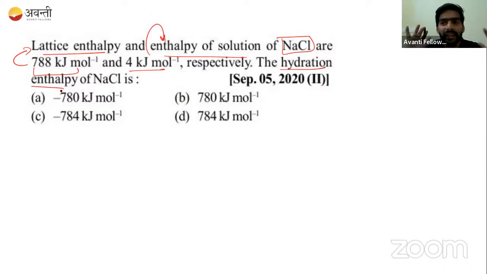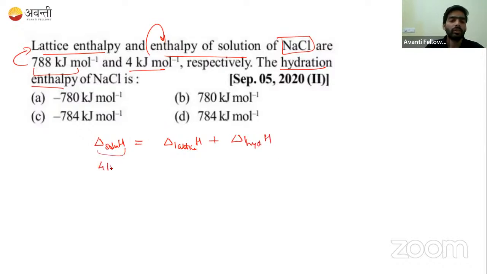In your textbook, it has been clearly mentioned that the enthalpy of solution is nothing but the enthalpy of lattice plus the enthalpy of hydration. So for solution, it is given 4 kilojoule per mole.